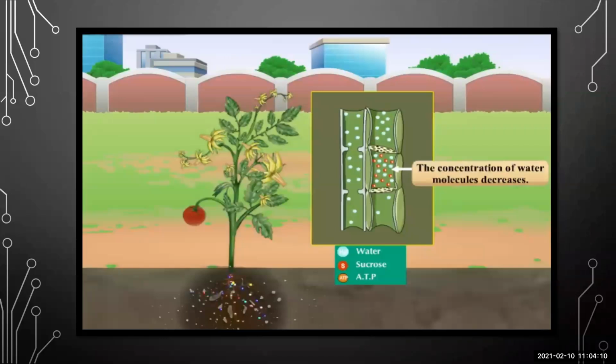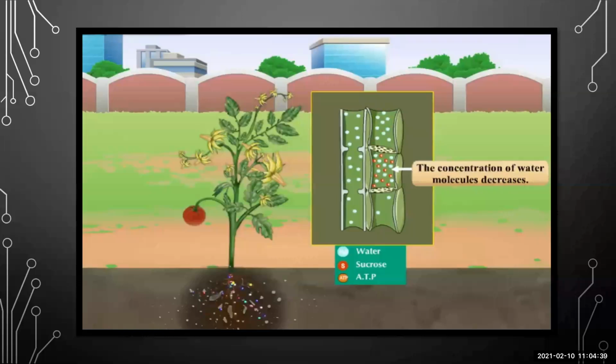Whenever food material like sucrose is transported towards a part of a plant via the phloem with the help of ATP, the water concentration decreases in that part. You can see in this picture that the concentration of water molecules decreases here, due to the sucrose and ATP.